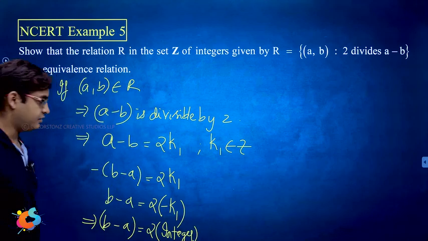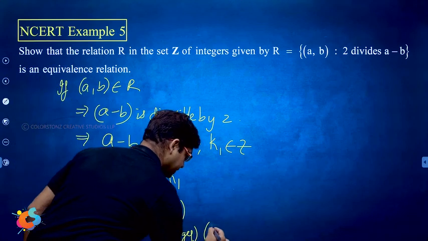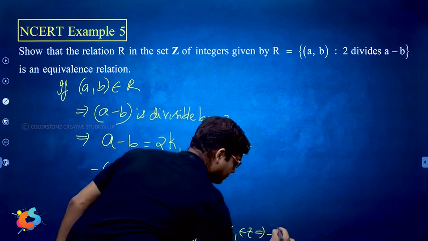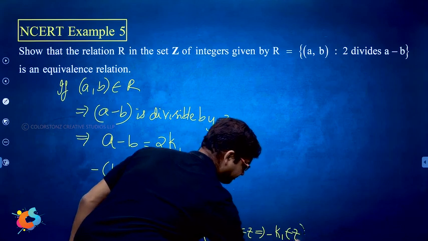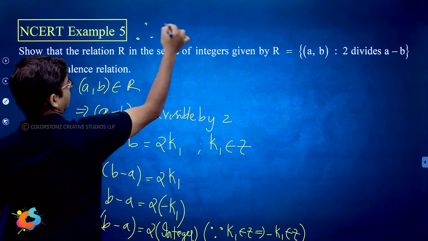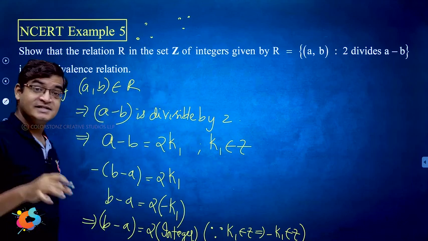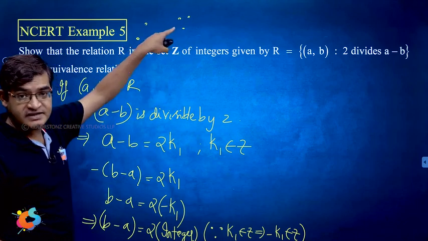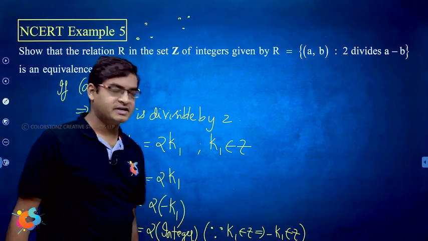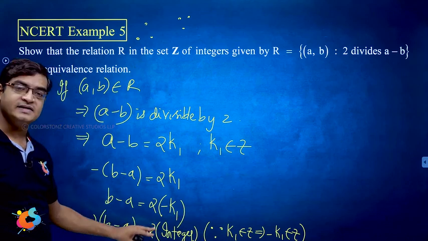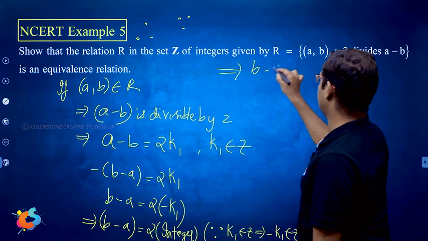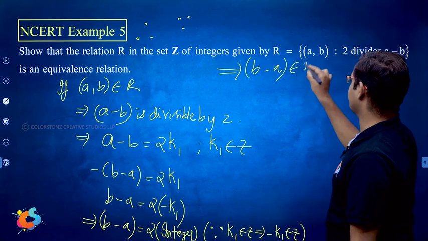Here the reason: since k1 belongs to Z implies minus k1 belongs to Z. Simple. If you write it like this, it is therefore; if you write it like this, it means since. Since k1 belongs to Z implies minus k1 belongs to Z, so therefore this is an integer. So implies b minus a is divisible by 2.